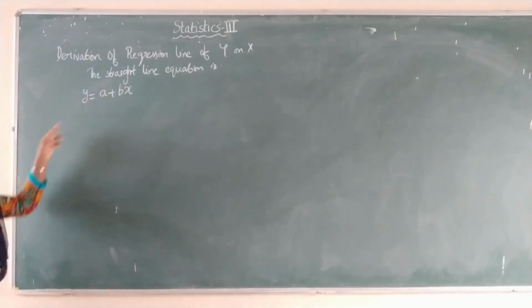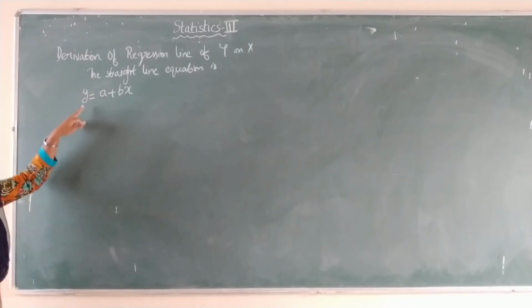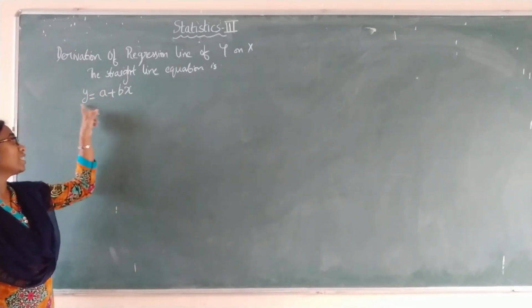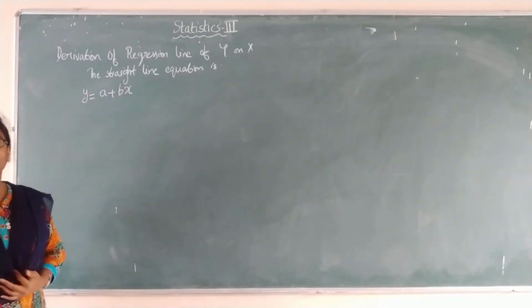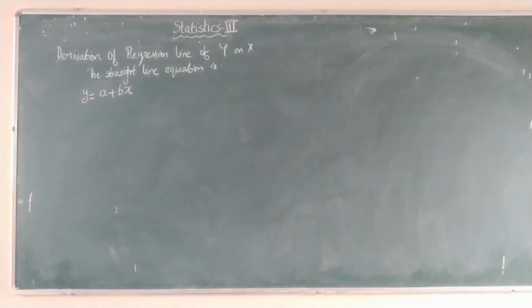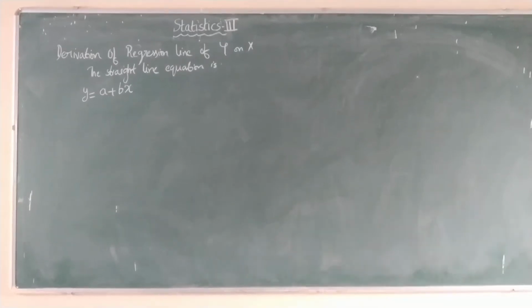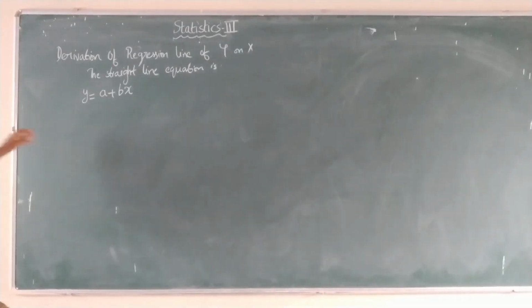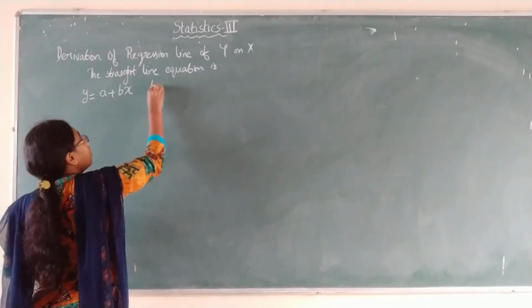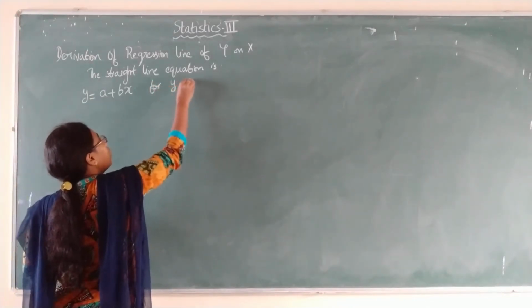Here, y on x means y is always dependent and x is independent. So y equals a plus bx is the straight line equation for the regression line of y on x.